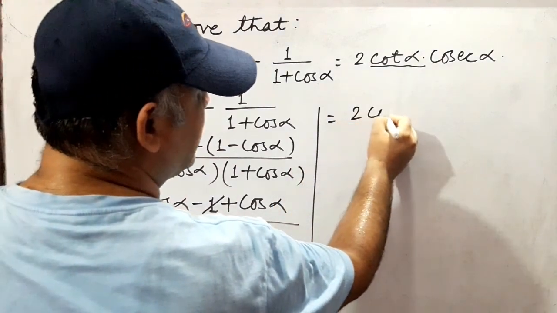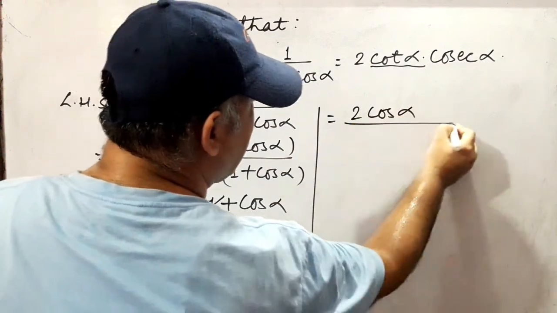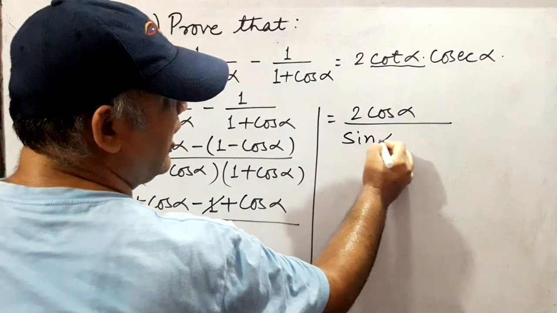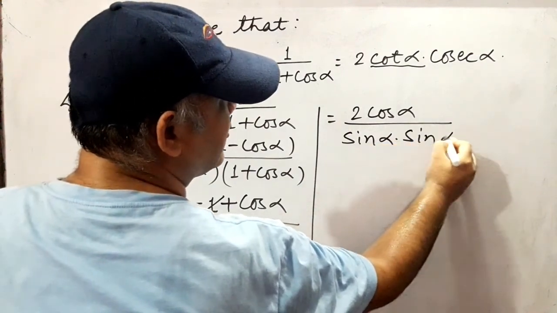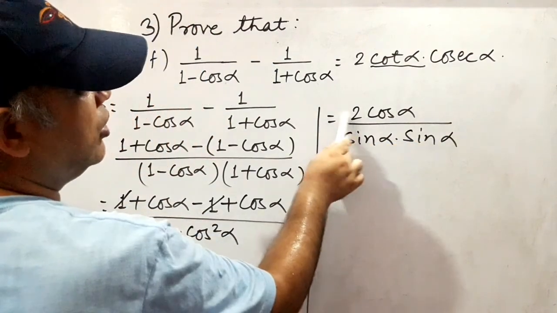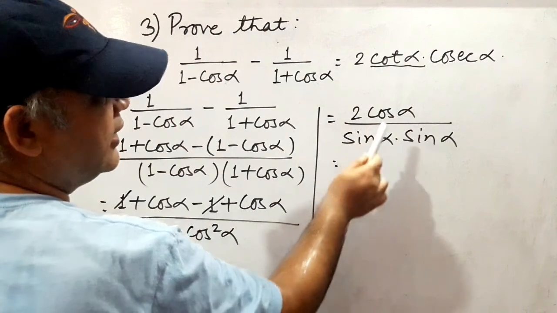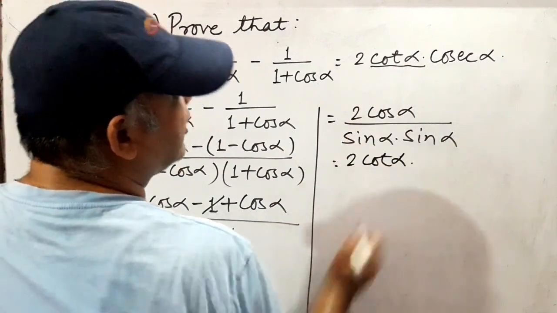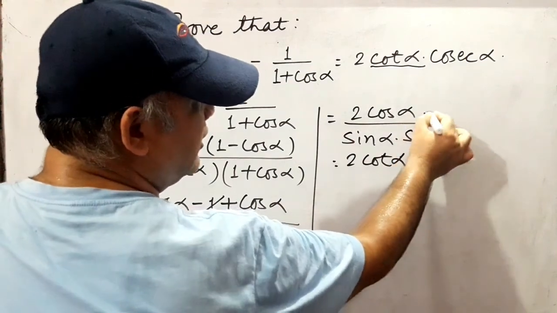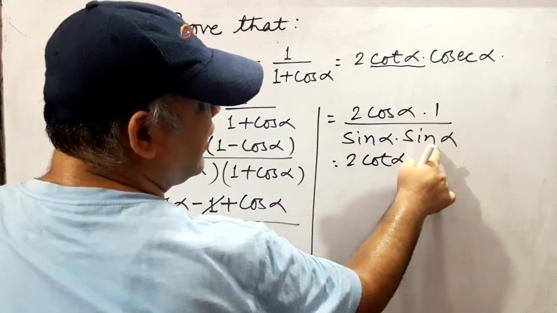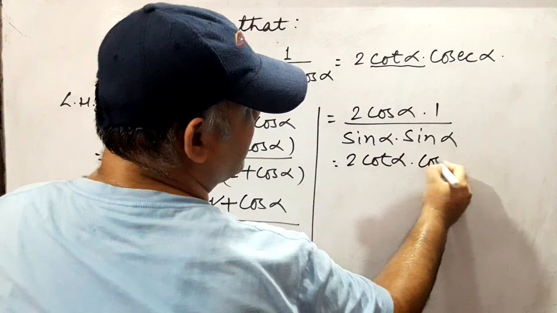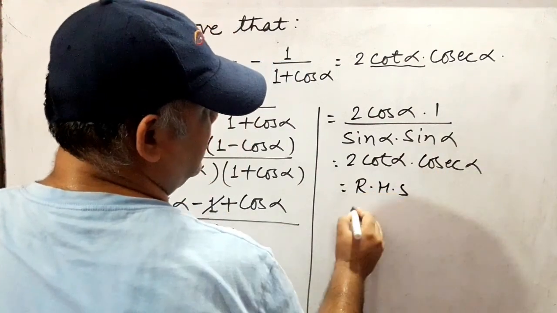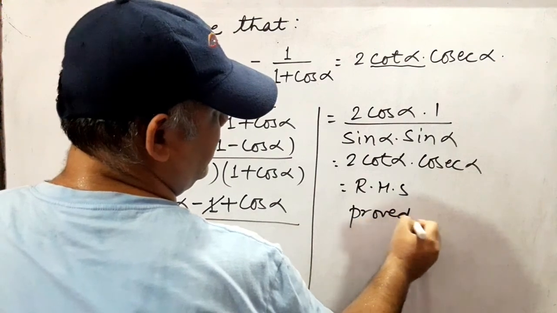So 2 cos alpha by sin square alpha can be written as 2 cos alpha by sin alpha into 1 by sin alpha. Now cos alpha by sin alpha is equal to cot alpha. So cot alpha into 1 by sin alpha is equal to cosec alpha, which is our right hand side, which is proved.